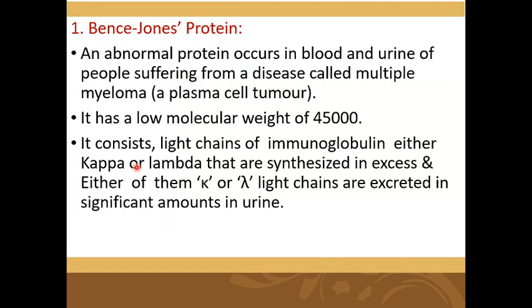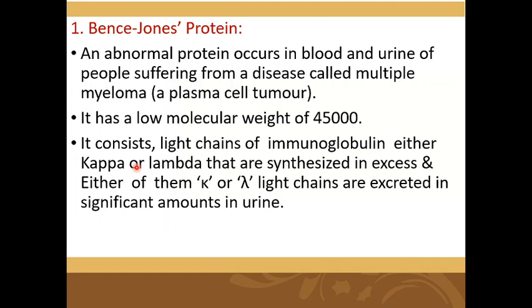And what is multiple myeloma? Plasma cell tumor. It has a molecular weight of 45,000. It consists of light chains of immunoglobulins, either the kappa chains or the lambda chains.